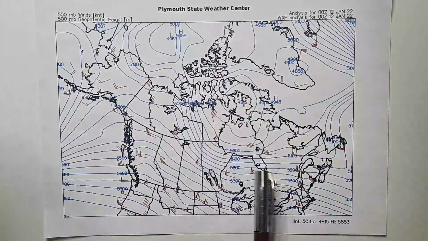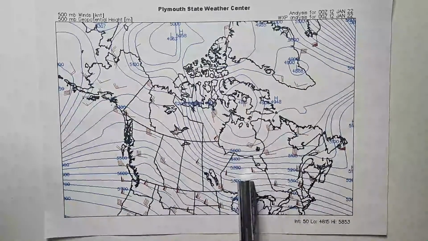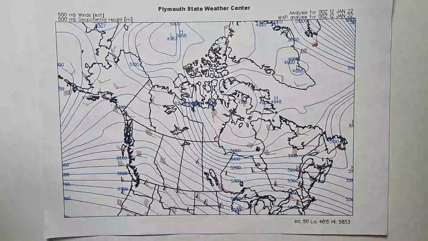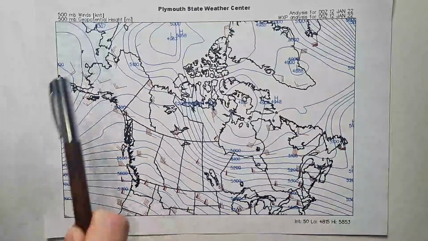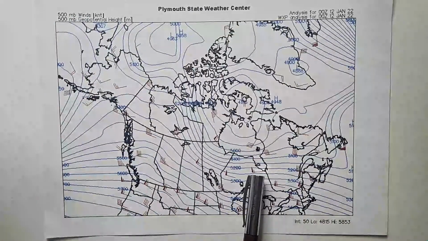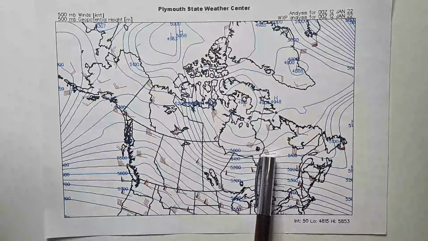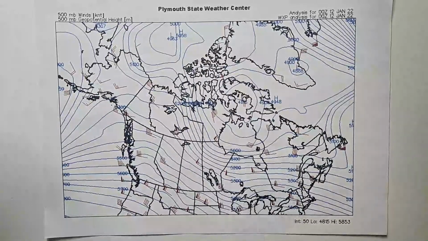But here, where the lines are straight, there is no centrifugal force, and our geostrophic balance should hold. And indeed, it holds, because these brown barbs represent wind at 500 millibars, and kindly note how the wind is almost perfectly parallel to the lines of constant geopotential.